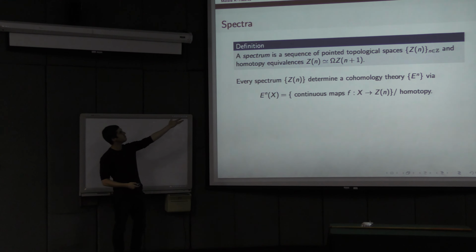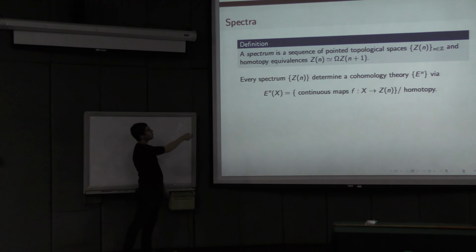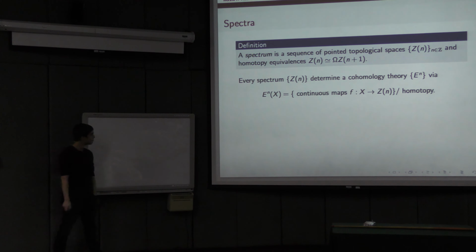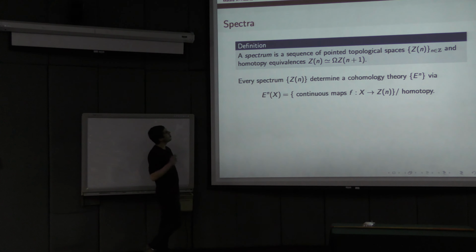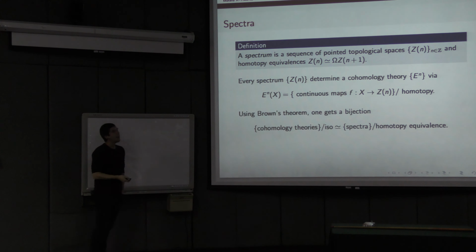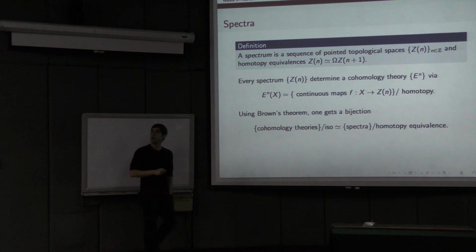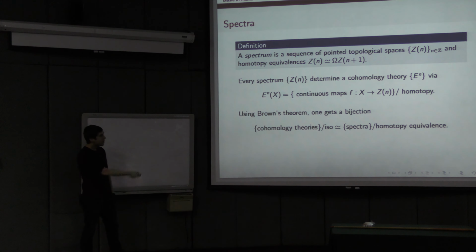You need the spaces to know what these individual invariants are, and you need the homotopy equivalences to write down the suspension isomorphisms. So every spectrum determines a cohomology theory, and the Brown representability theorem lets you go the other way. It tells you that every cohomology theory comes about in this way.